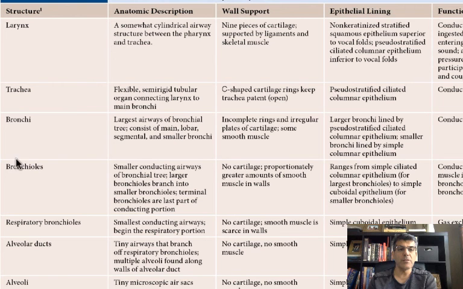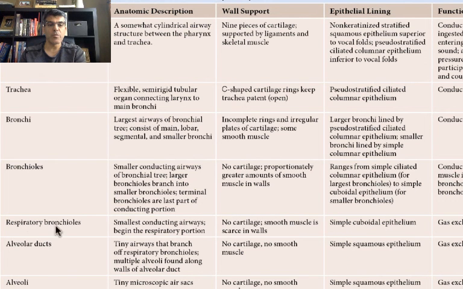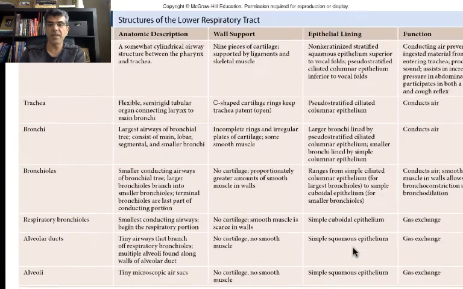Bronchiole, again the bigger one, is going to be a simple ciliated columnar. When we go toward the bottom, when we get to a smaller one, it's going to change to simple cuboidal. Respiratory bronchiole, simple cuboidal. And when we get to the alveolar duct and alveolus, the cuboidal is going to change to squamous. So I'm going to change from stratified to simple, and from columnar to cuboidal to squamous. I hope that makes sense.